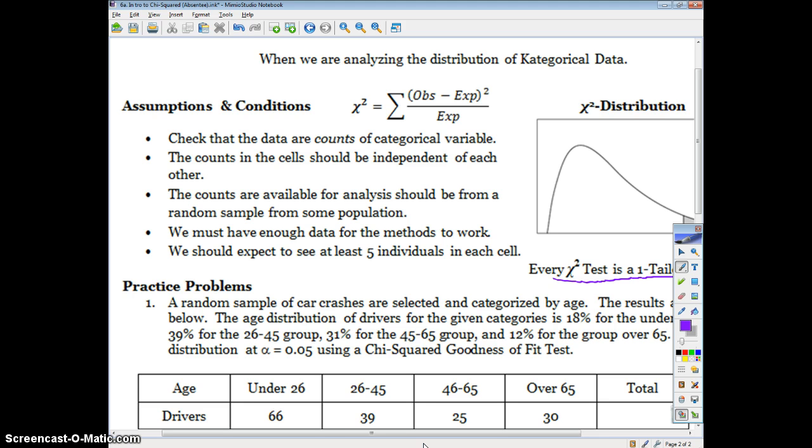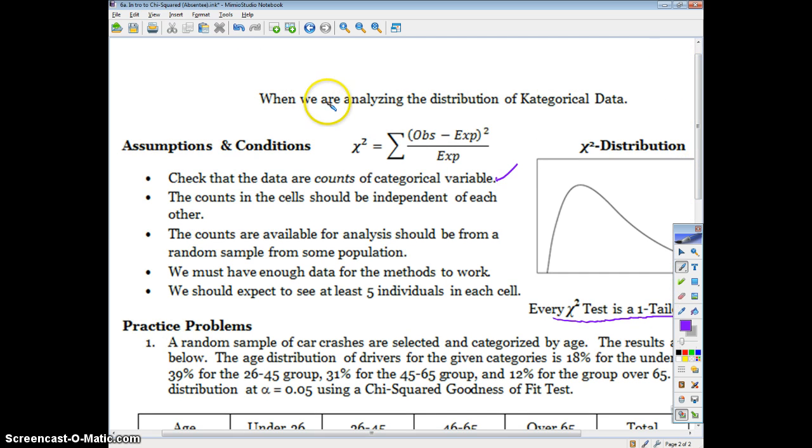We've got assumptions and conditions just like always. Check that the data counts are categorical variables. That's important because we use the chi-squared distribution when we are analyzing the distribution of categorical data. And notice I'm spelling categorical with a K. There's a reason for that. While yes, I am bad with the English language and how to behave in public, that's not in question here right now.